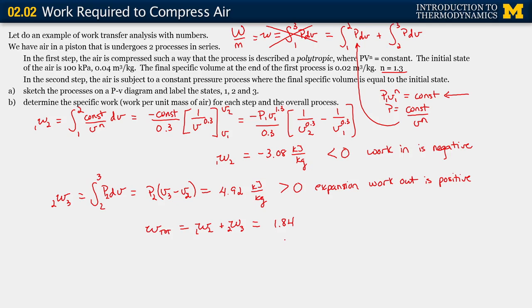So we have a net work out of the system in kilojoules per kilogram units. So we've learned a lot in this process, and some of it's implicit and some of it's explicit. We've used our sign convention. That's great. We've used our definition of expansion and compression work.